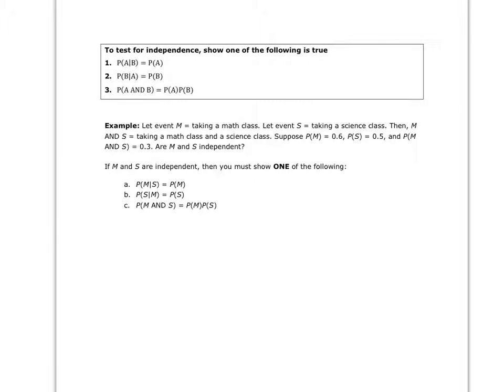We want to show that one of these 3 things is true: that the probability of A given some other event B is equal to the probability of A, or we could go the other way and see if the probability of B is the same as the probability of B given A. The other way we can test it is if the probability of A and B is equal to the probability of A times the probability of B. We haven't shown why this is the case yet, which we will get to in the next section, but we want to know that it is one way to test for independence.